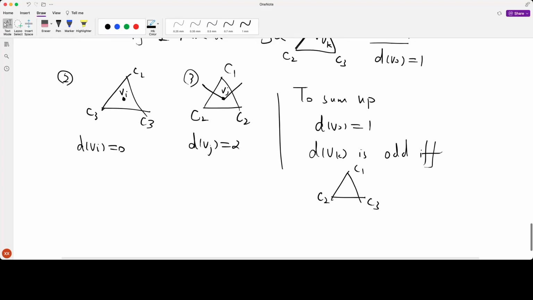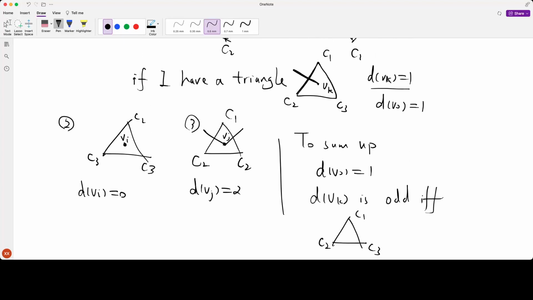Because there are only three situations, only when this triangle uses three different colors, the degree is odd. This is even and this is even.